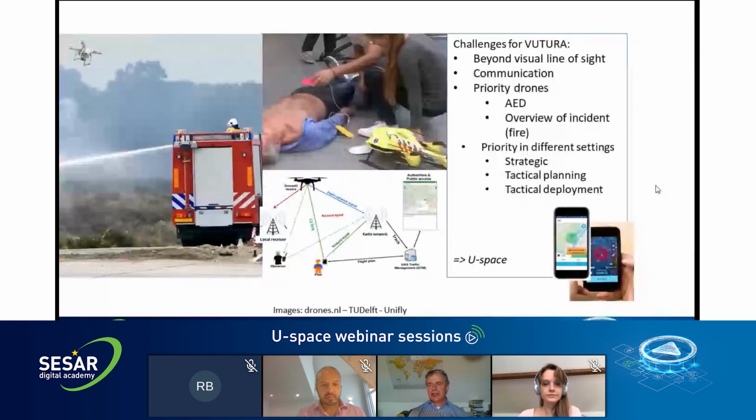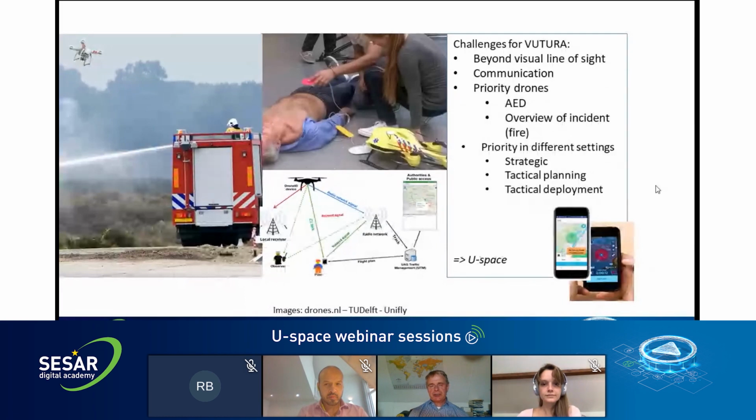In the final demonstration, we had a tactical deployment of a drone, which was brought by the firefighters. They immediately deployed the drone, and the drone emitted a no-fly zone around its position, thus informing other drones that they had to leave this area, or at least clear the area that was near the drone.